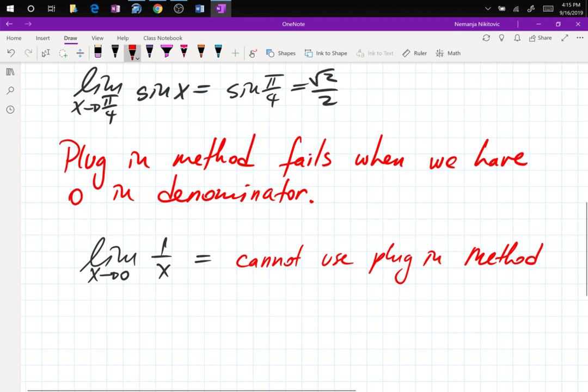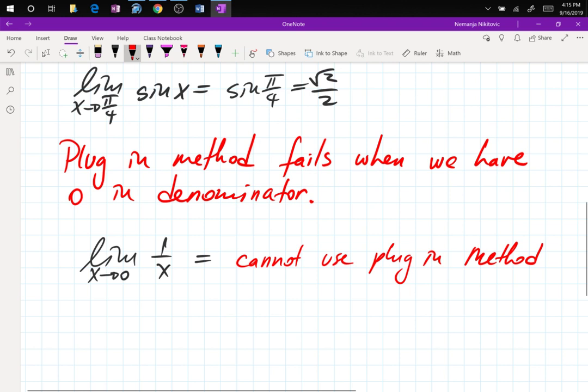So it's important to know the situation when you cannot use it. It's so nice, it's so fast, it's so simple, right? Because you have been doing this all the time, plugging the number into the function and getting the y value. So you might want to solve every limit problem that way, but you can't. So here is the 1 over x problem that cannot be solved.